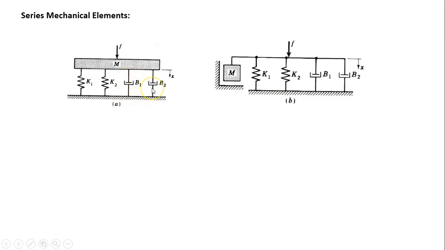Similarly, damper B2 is connected to the X coordinate and to the ground. Therefore, once you draw two horizontal lines, the first indicating coordinate X and the second indicating ground as the coordinate, you just have to connect these two coordinates by the springs K1, K2 and dampers B1 and B2.